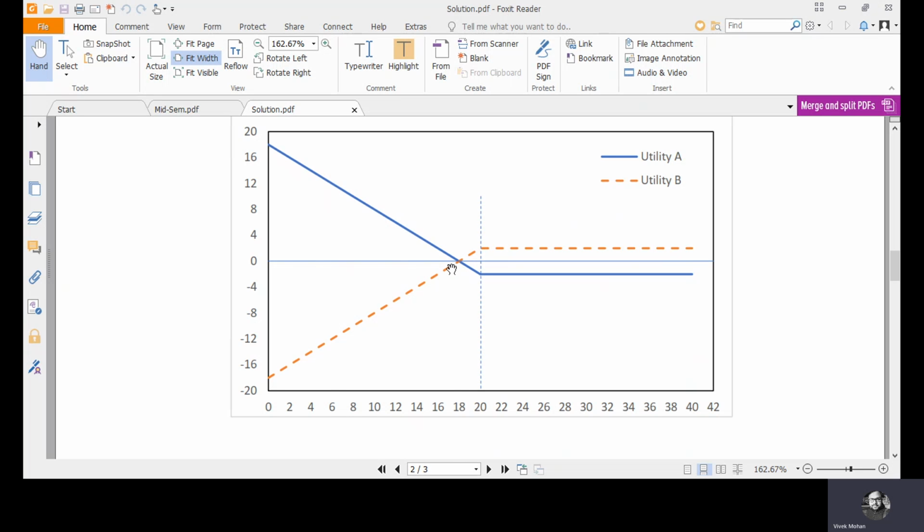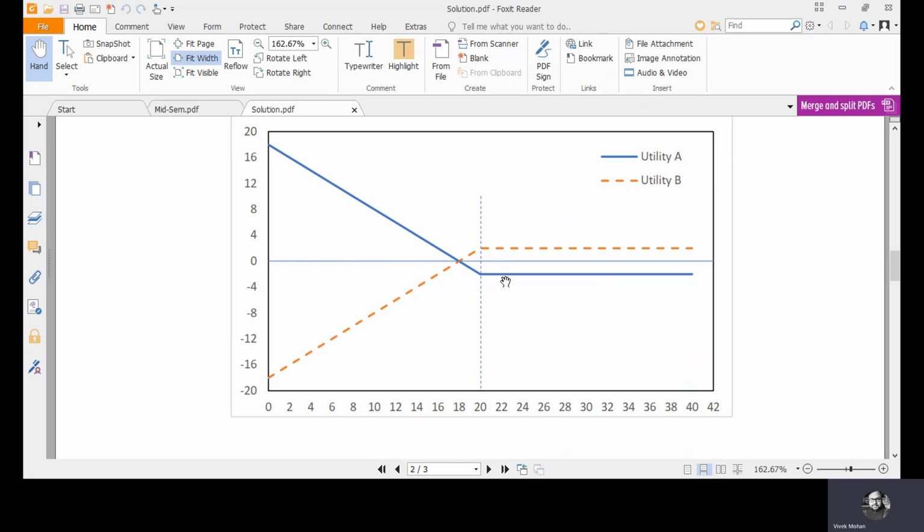So at spot price 18, it is a no profit no loss price for utility A. So here it becomes 0. The profit becomes 0. Beyond this point, it is a loss for utility A, and that loss is still 20 only, because this $2 premium is also covered here.